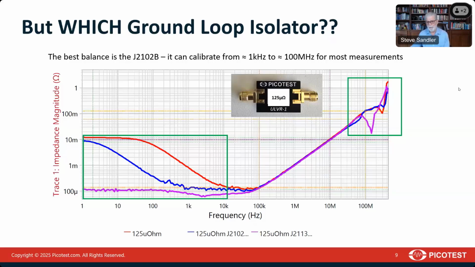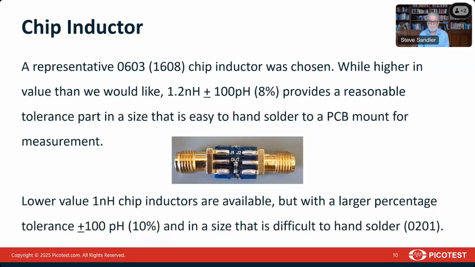Honestly, for most people, the J2102B is a very good choice. It's kind of in the middle. It won't go down to DC, but it does have pretty good high frequency response and pretty good common mode rejection in the middle. And it's also one of the less expensive isolators.